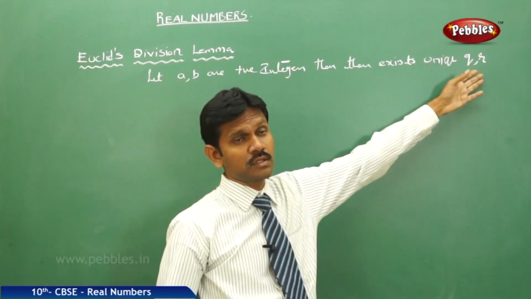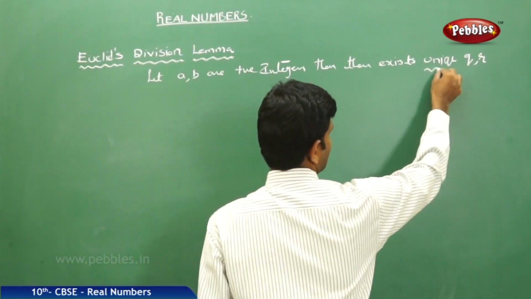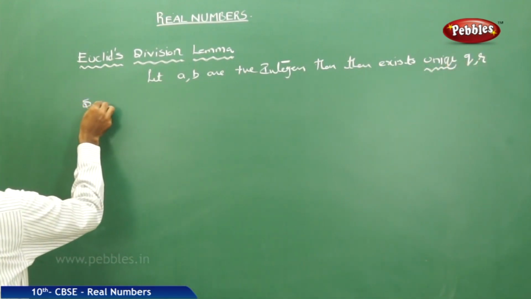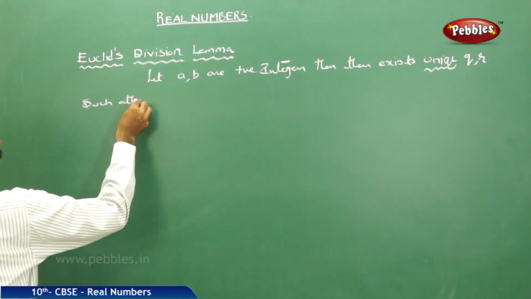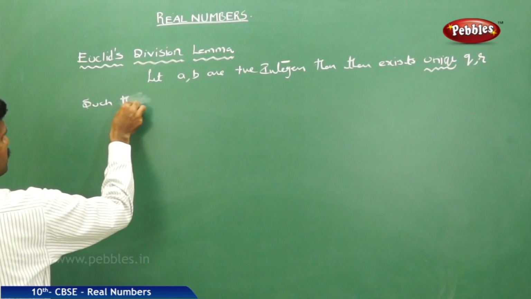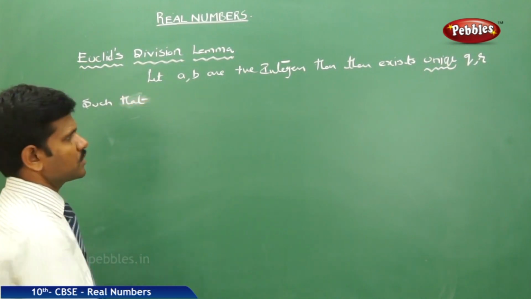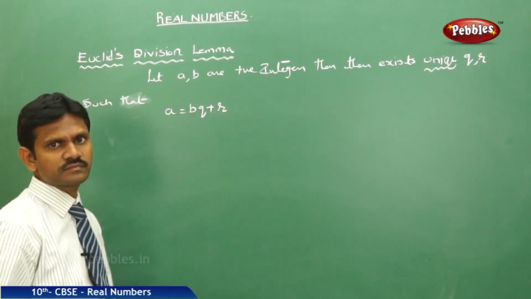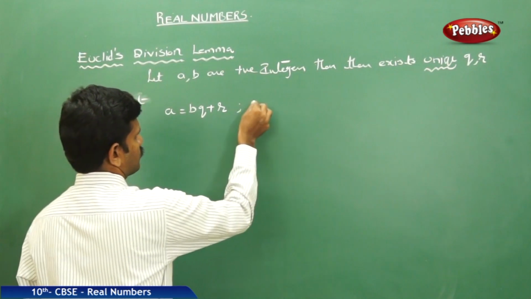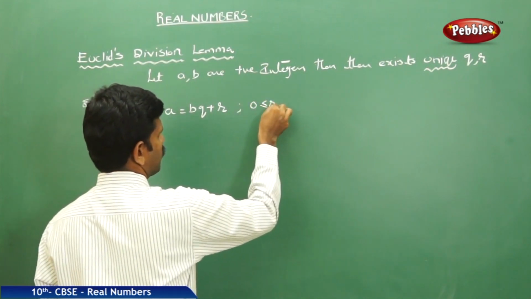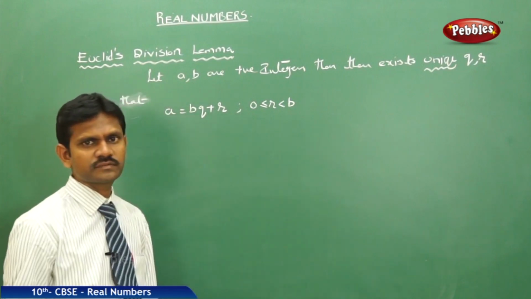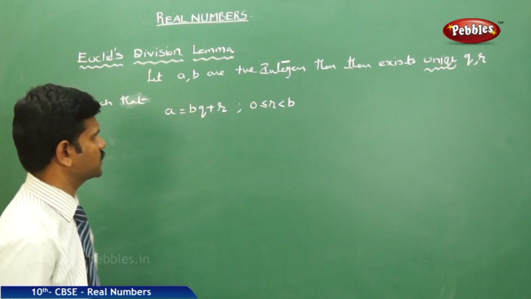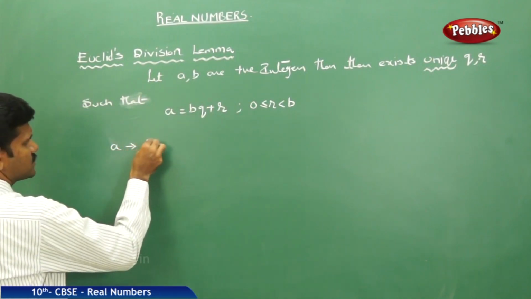Here it is a very important word: unique, one and only one q, r such that a is equal to bq plus r. This is the condition, where 0 is less than or equal to r, which is less than b. What are the positions of a, b, q and r? That is, a is the dividend.